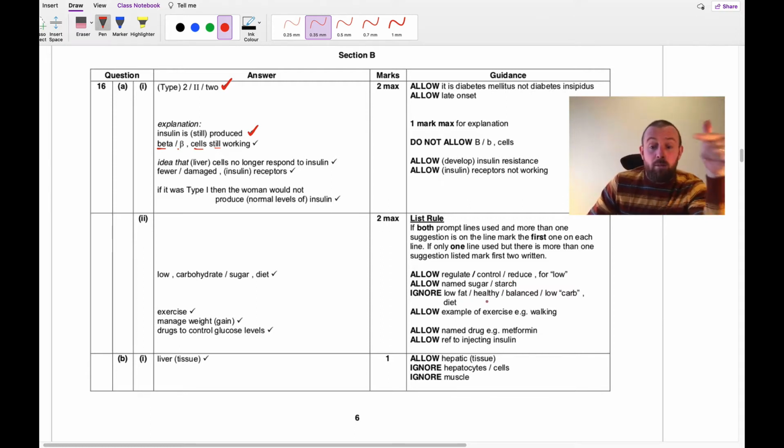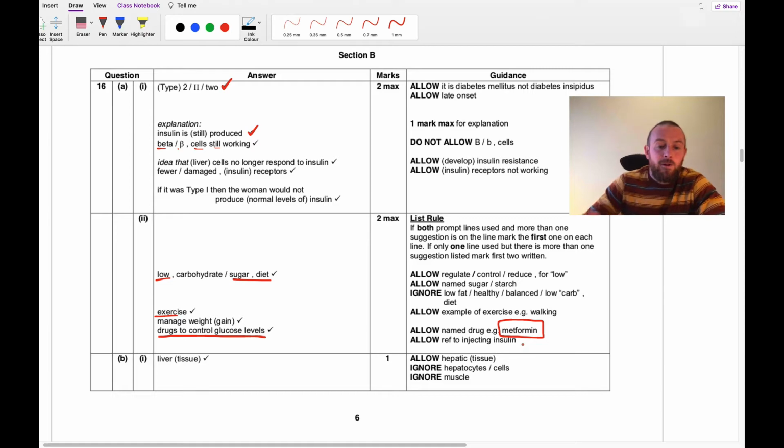So you do actually have to talk about sugar. So low sugar diet is the key. Exercise, manage weight gain. I guess you could have said drugs to control glucose levels. Metformin. This is a type 2 diabetes drug, not injecting insulin because that wouldn't work.